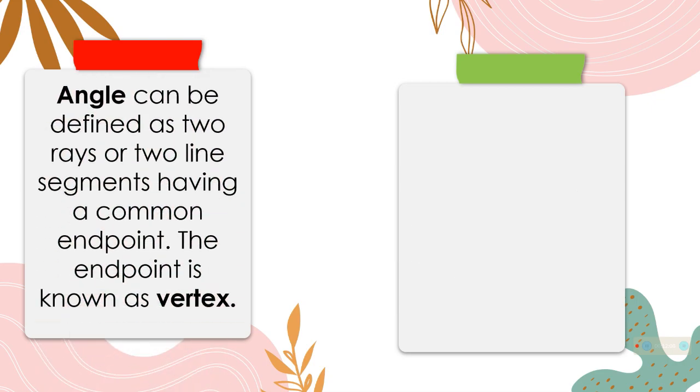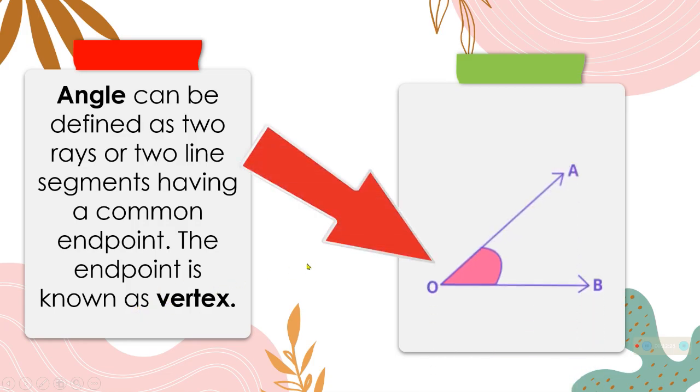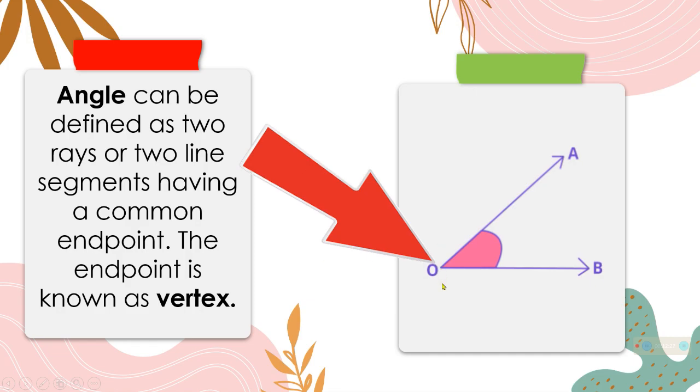Next, we also have angle. An angle can be defined as two rays or two line segments having a common endpoint. The endpoint is known as the vertex. The example is this figure, and you will name this in three ways.